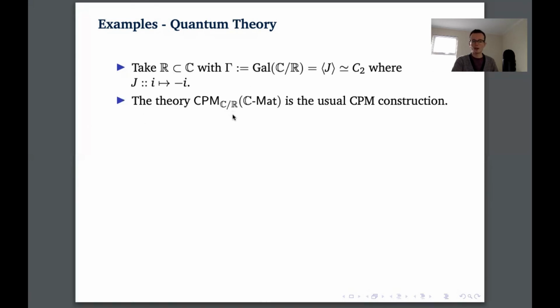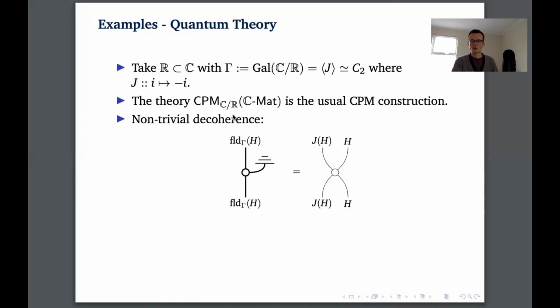Then this Galois CPM category is just the usual CPM construction. There is only one interesting subgroup of gamma, and that's the Galois group itself, and that induces the normal non-trivial decoherence map, which is just given by joining up the elements of the Galois group, so the identity and complex conjugation.